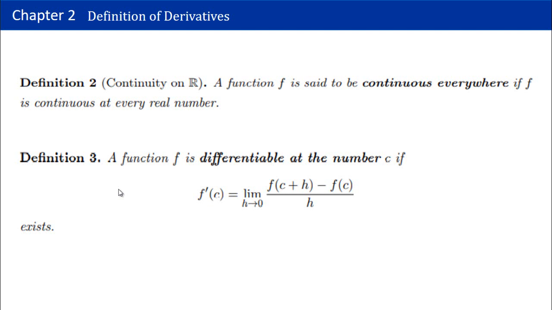So if x is equal to c, then we say that f prime of c, referring to the point c and f of c, is the slope of the tangent line, which is equal to the limit of f of c plus h minus f of c all over h as h goes to 0.